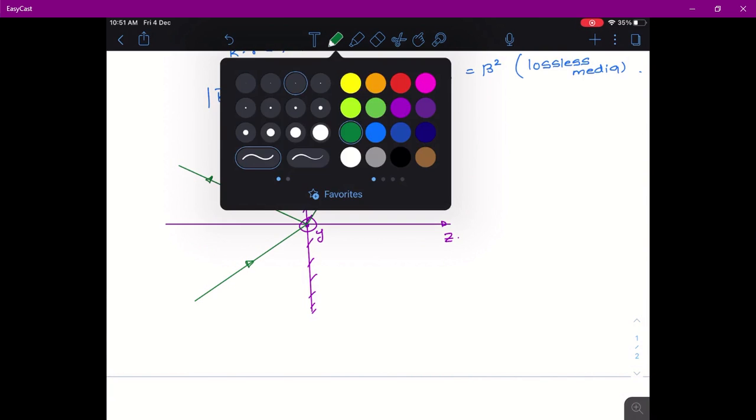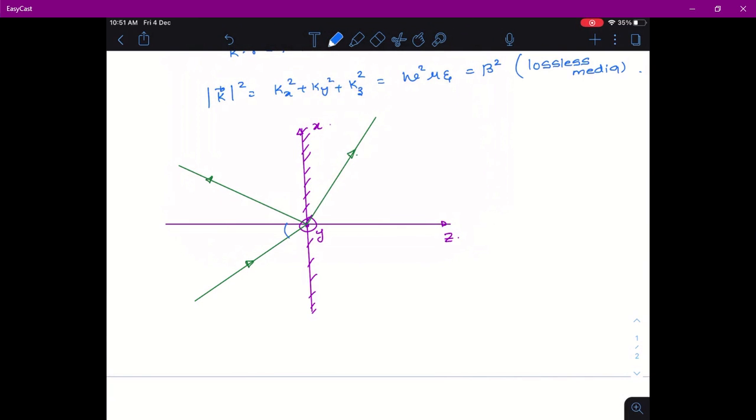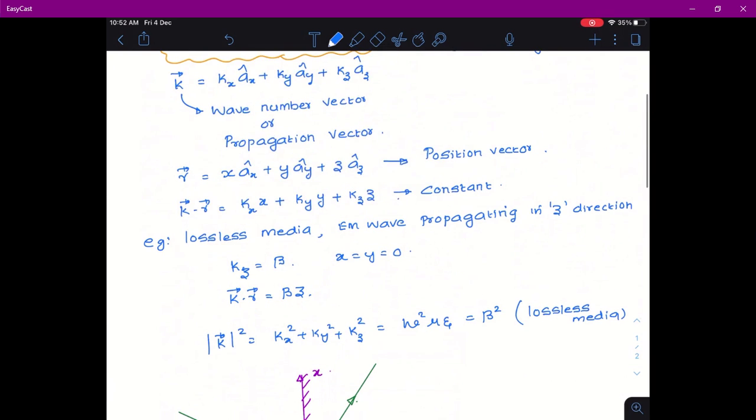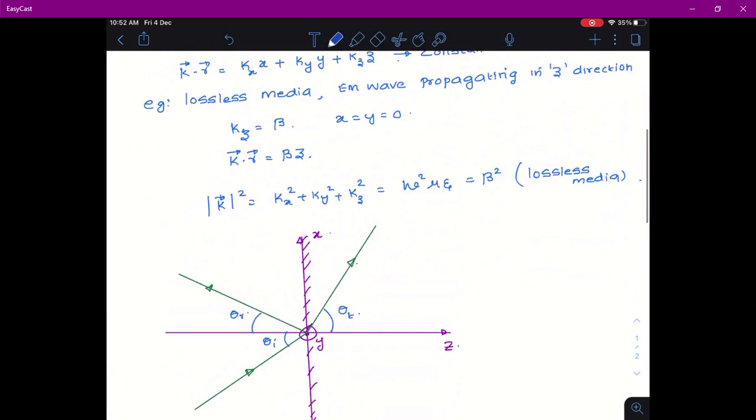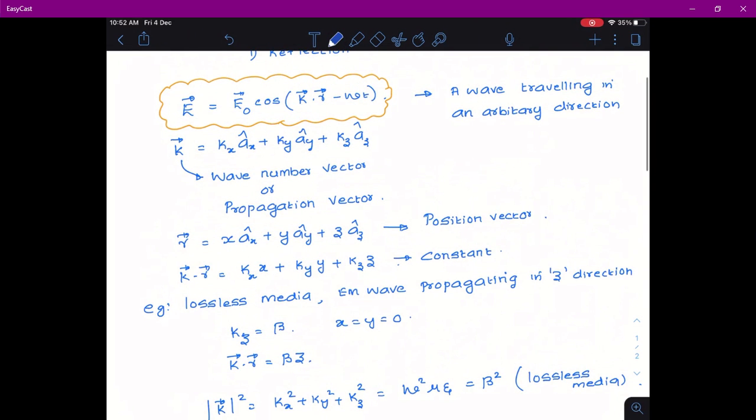Let the angle made by the incident wave be theta i. Let the angle made by the reflected wave be theta r. Let the angle made by the transmitted wave with respect to z be theta t. Now, we told that there is a propagation vector associated with each of the incident, reflected and transmitted waves.